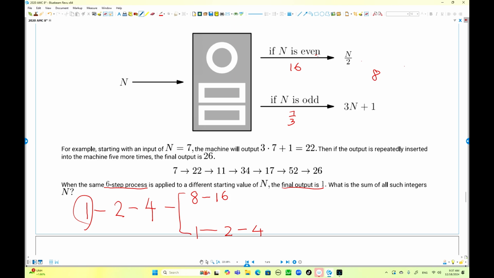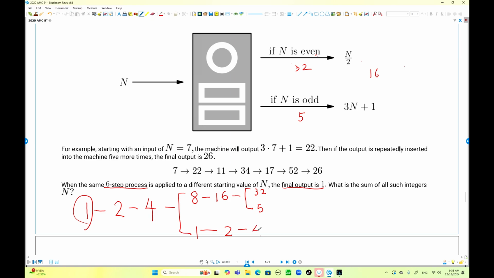Okay, one more. So if this is 16, where is this number? 32, and 16 minus 1 is 15 divided by 3 is 5, okay? Both will be okay. 32 and 5 is okay. This is 4, what 2 numbers?